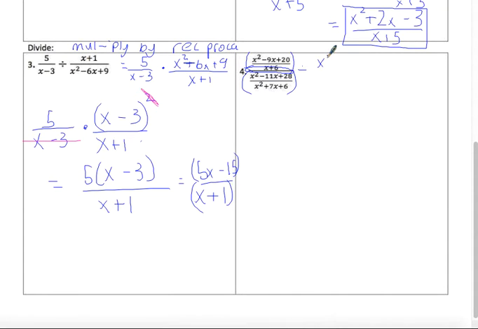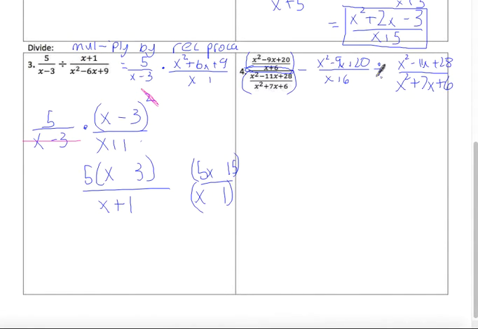So we have x squared minus 9x plus 20 over x plus 6 divided by x squared minus 11x plus 28 over x squared plus 7x plus 6.